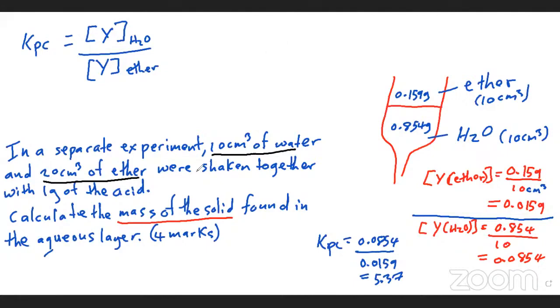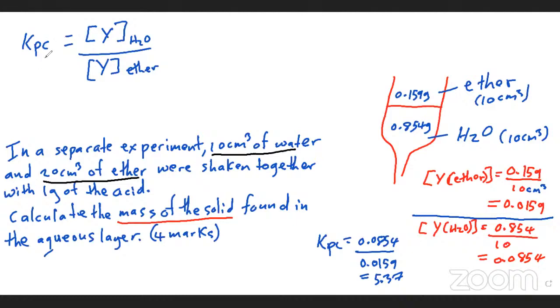So remember now, concentration is mass over volume. We don't know the exact mass of the acid in water or the ether, because all they said is they mix it with 1 gram. And remember, it would have been distributed, but we don't know how much in this particular experiment. So for the mass in the water, remember now we have KPC.